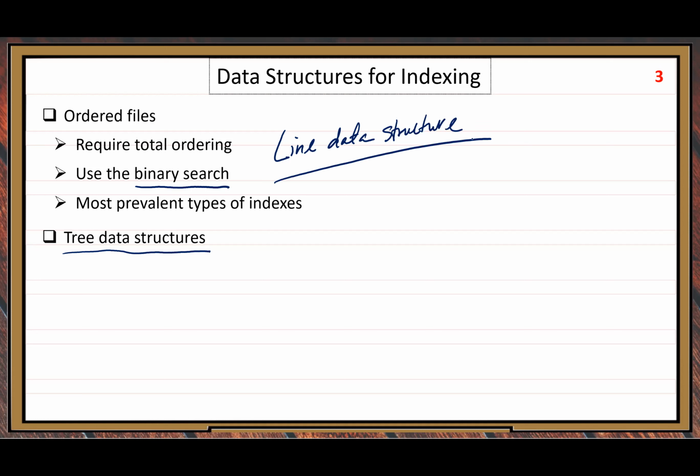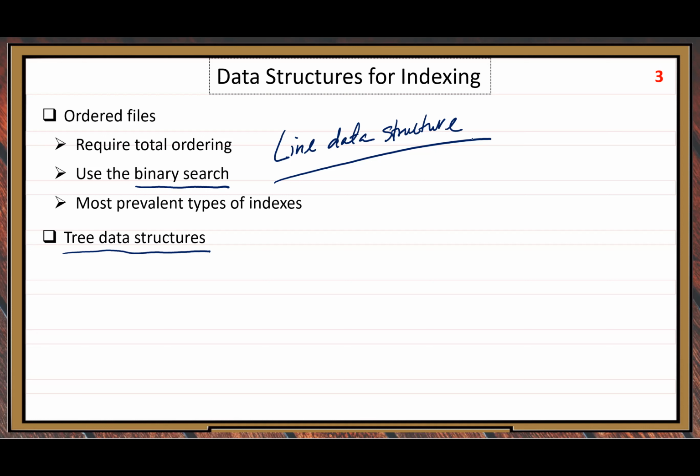But the line data structure has an obvious drawback. When your data size is huge, your line could be very long. Even if you apply binary search, you need to do comparisons many times. Think about that.